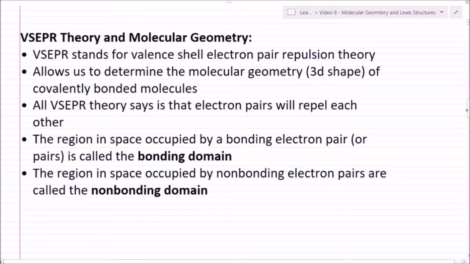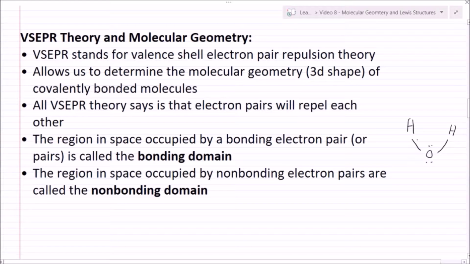Now the region in space occupied by a bonding electron pair, or pairs, is called the bonding domain. So if I'm dealing with H2O, let's quickly draw the Lewis structure. This here would be what's called a bonding domain.